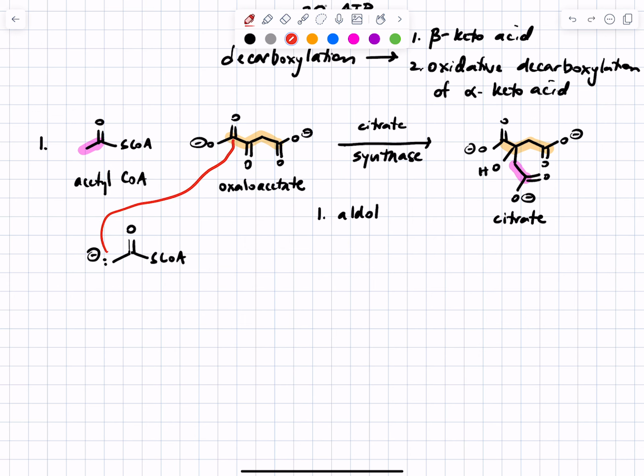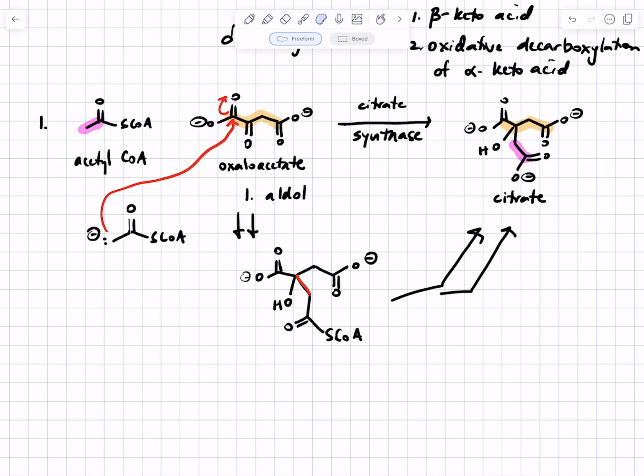Then to get from there to the citrate product, we need a couple of... what's wrong? Can you say that again? Are you attacking the correct carbonyl? No. Thank you. I knew the arrow was headed in the right direction in the first place. There we go.